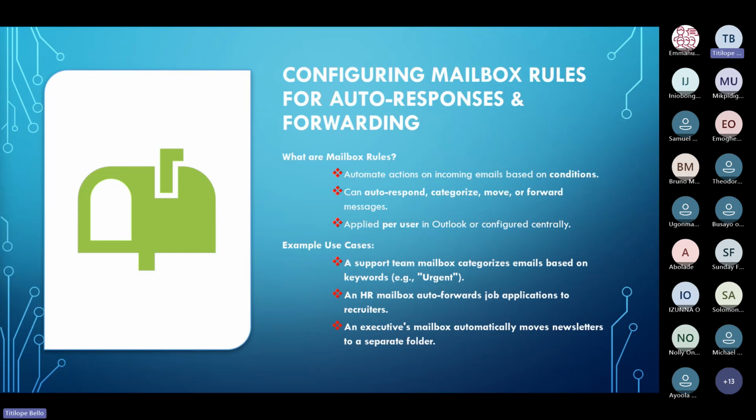Another case where it can be useful is a help desk mailbox that automatically assigns priority labels based on the subject line. You decide whether it should be forwarded or moved to a particular folder in Outlook. We'll see all of this when we are doing our lab.